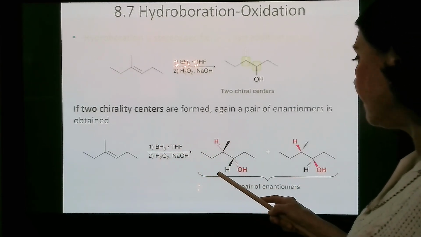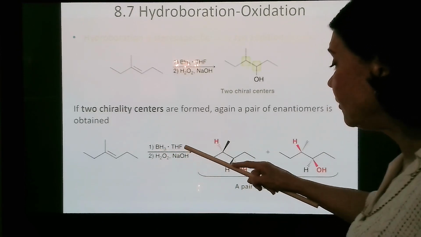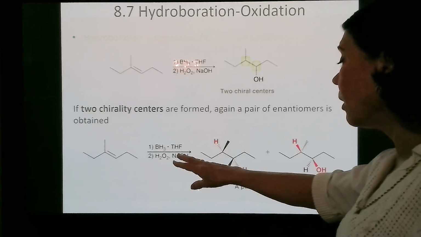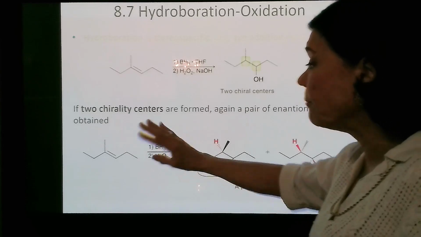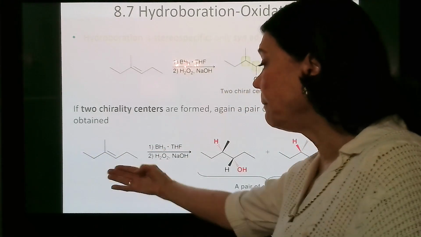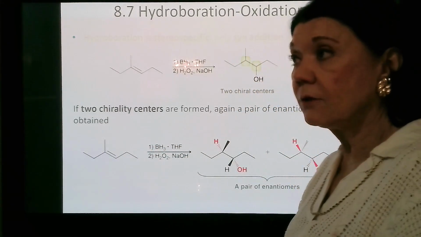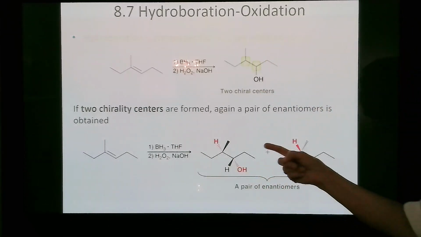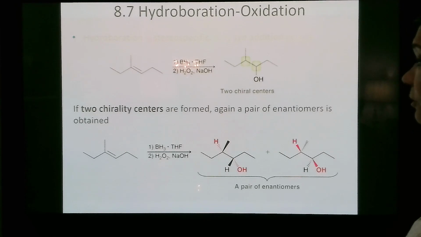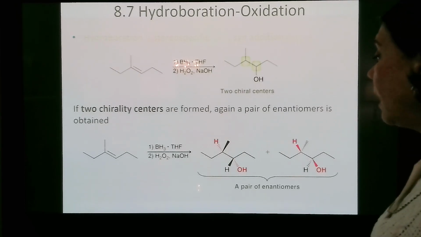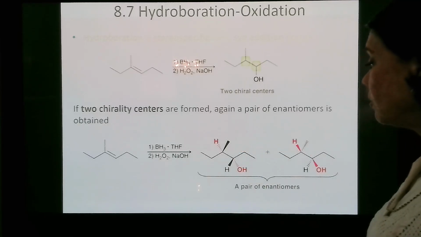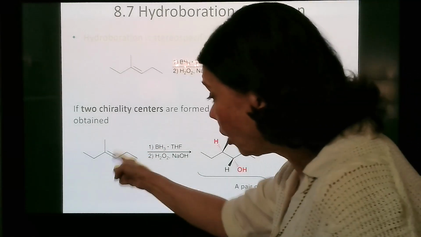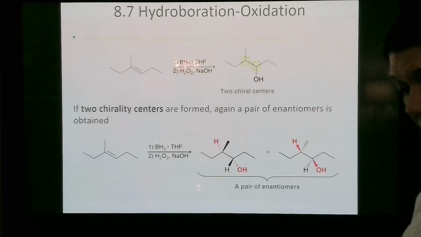And once again, the hydroboration oxidation can come in from the top or it can come in from the bottom, because this is an alkene. And the fact that you get two different enantiomers out of it, that's totally irrelevant. Yes, you would get two different enantiomers, but you don't have the pair of reactants.